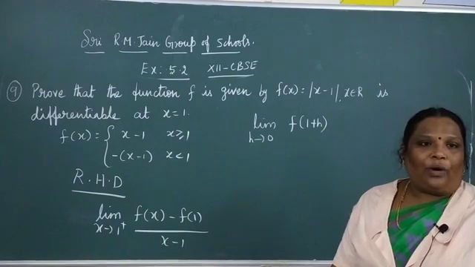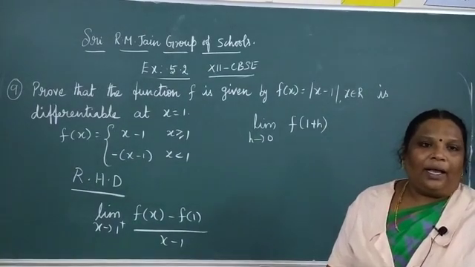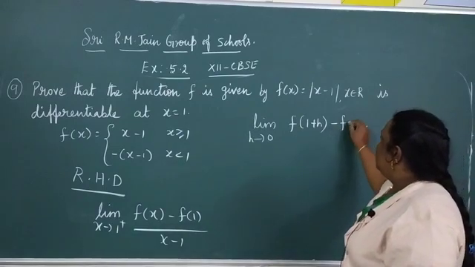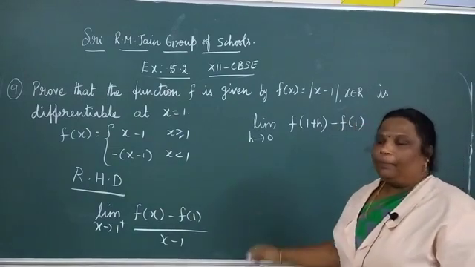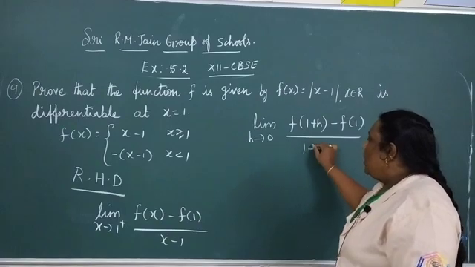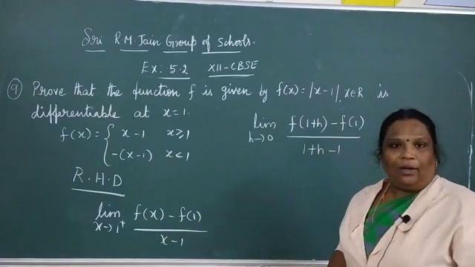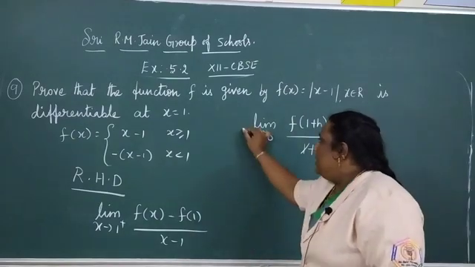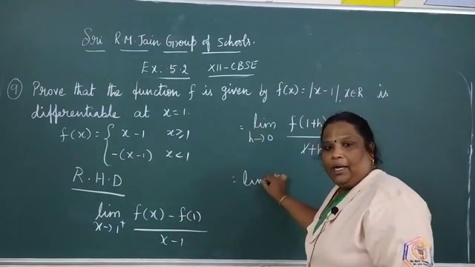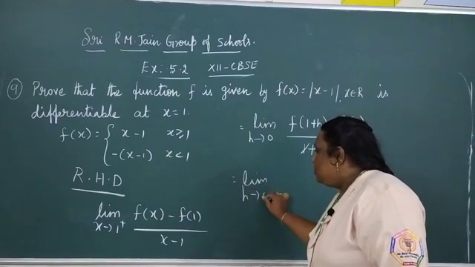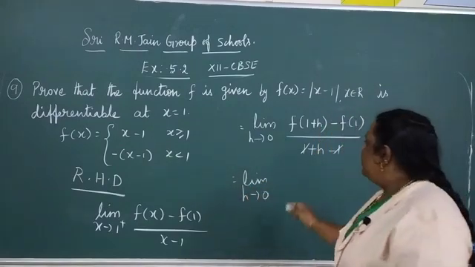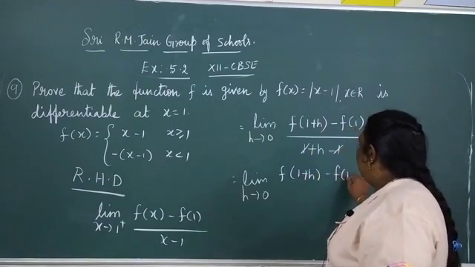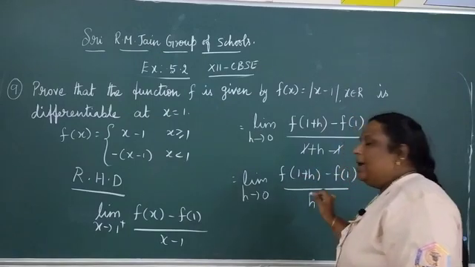So it is f of 1 plus h minus f of 1 by 1 plus h minus 1, where plus 1 and minus 1 get cancelled. Limit h tends to 0 of f of 1 plus h minus f of 1 by h.